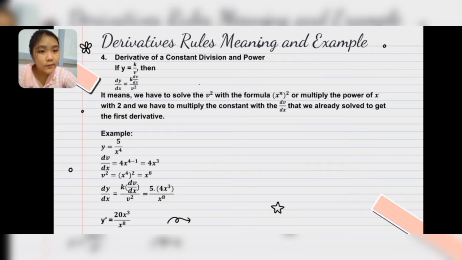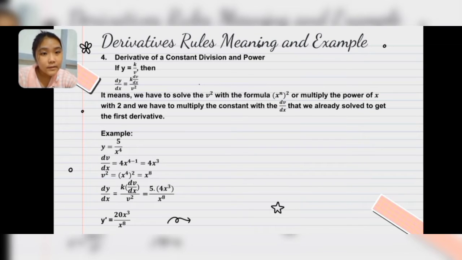And then we have to solve the v2. The v2 equals x with 4 power multiplied by 2, which equals x with 8 power. And then the formula dy per dx equals k dv per dx per v with 2 power.